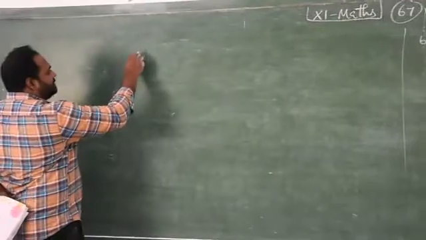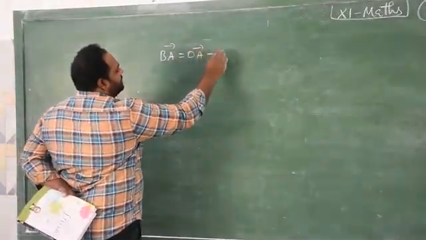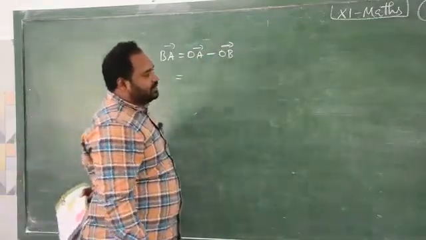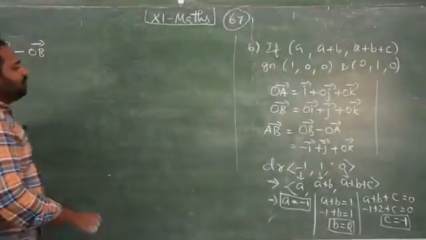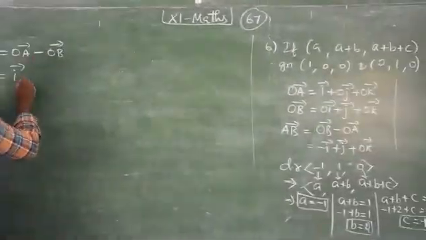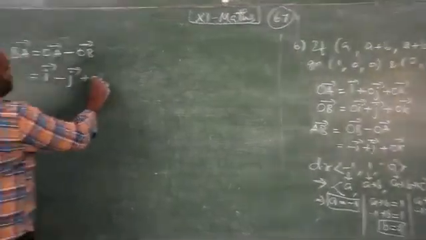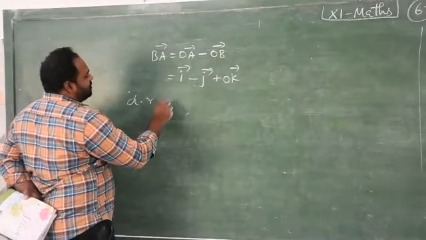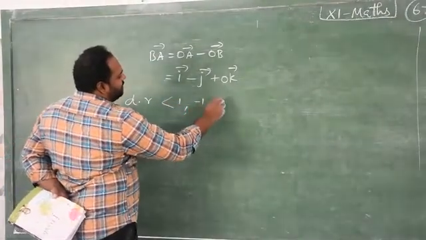The BA vector is OA minus OB. So 1 minus 0 is 1 I, 0 minus 1 is minus J, and 0 minus 0 is 0 only. Now the direction ratio of BA is 1, minus 1, 0.